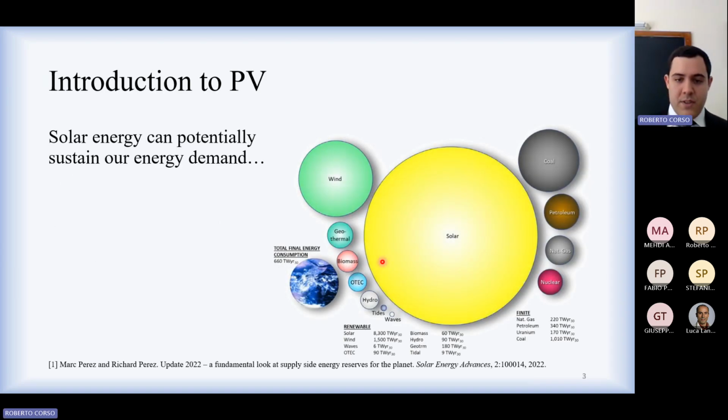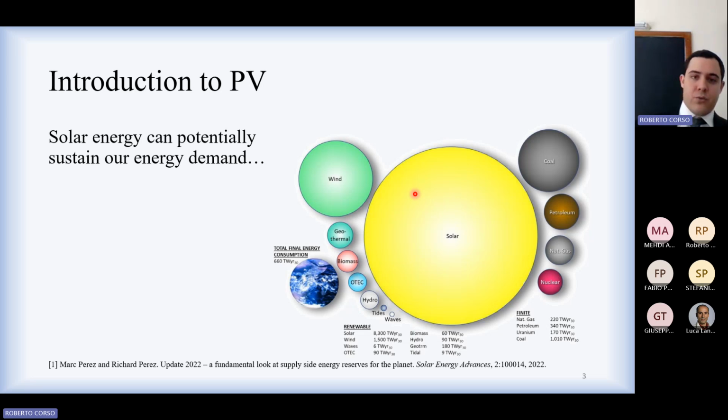I'd like to start with this picture that shows the potential energy production of various energy sources, renewables and non-renewables, compared to an estimate of the Earth's energy consumption. As we can see, solar is more than enough to provide energy for the whole planet.